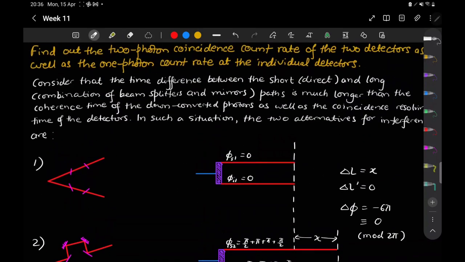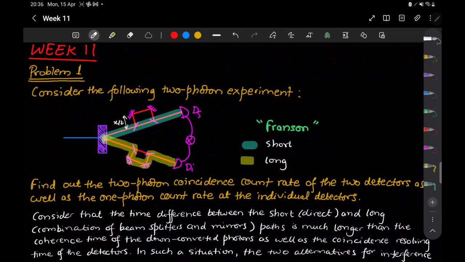Now we need to find the one photon count rate, and in this, we know that if one of the photons is at ds, then its partner has to be at di.